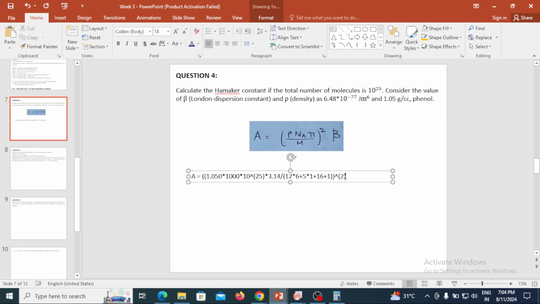So at least know the molecular formula for them, so that it would be easy in case the question comes without the molecular weight. Times beta, that is 6.48 times 10 to the power minus 77. So has anybody calculated the value? Any answers?